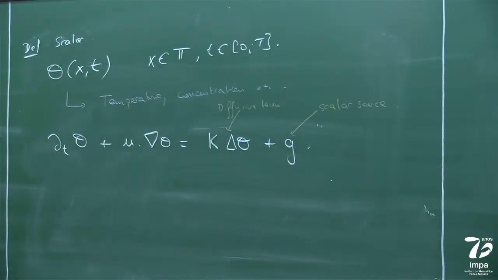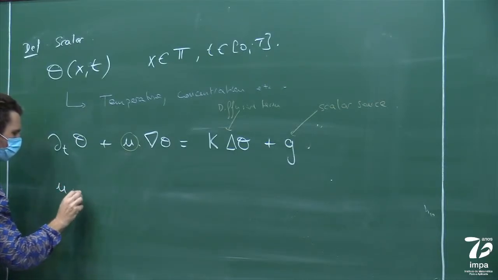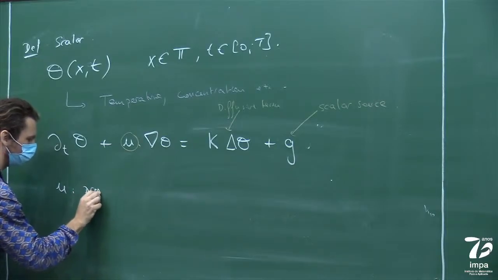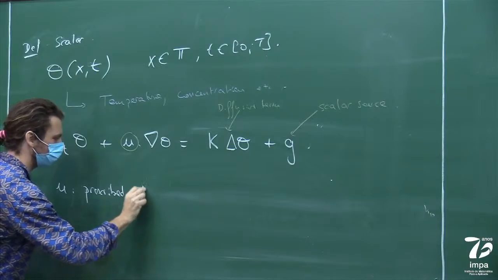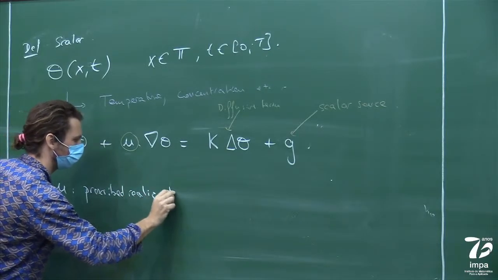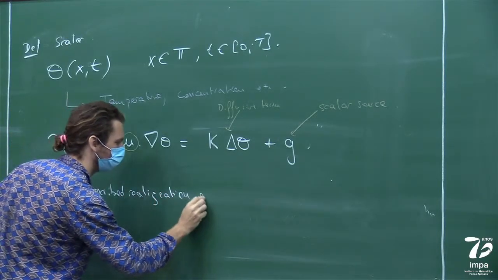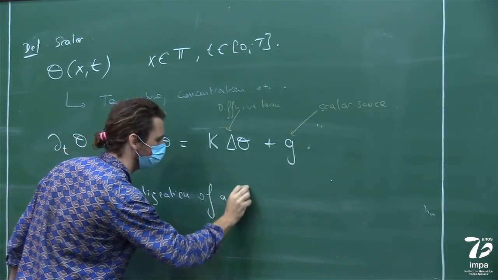And of course, there is this u here. And u is a prescribed realization of a velocity field.